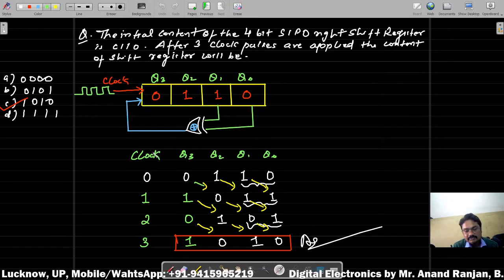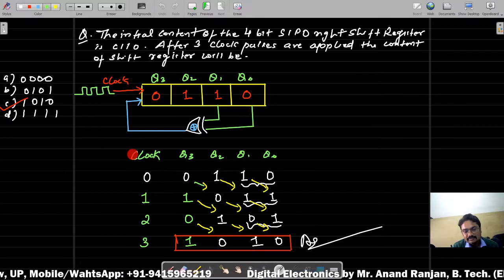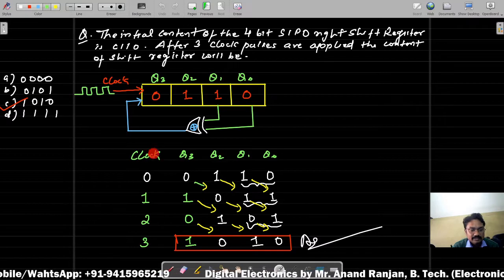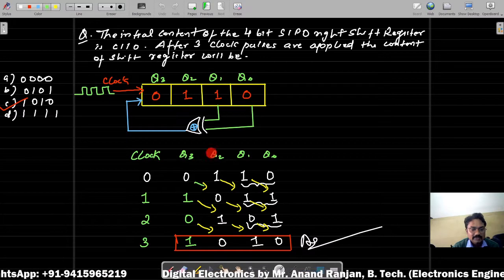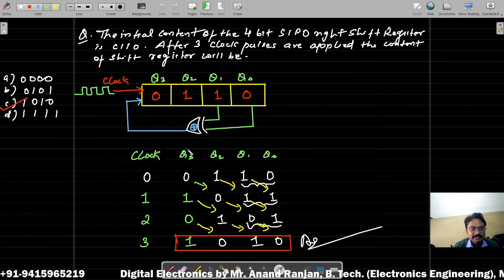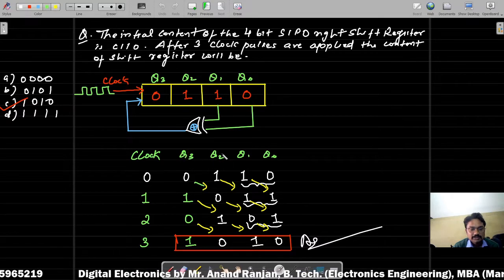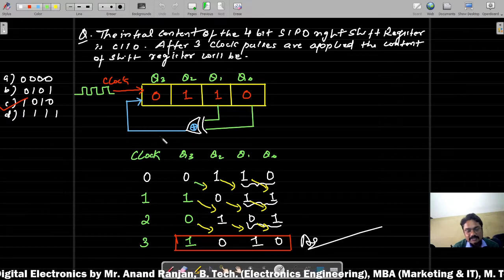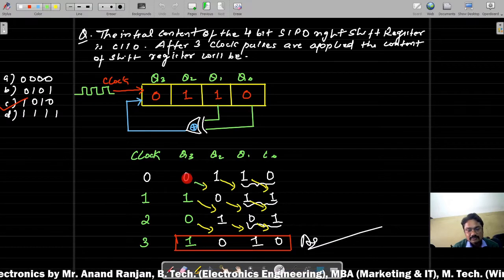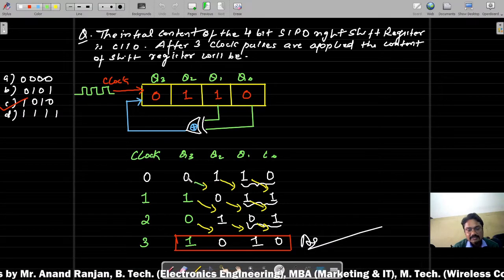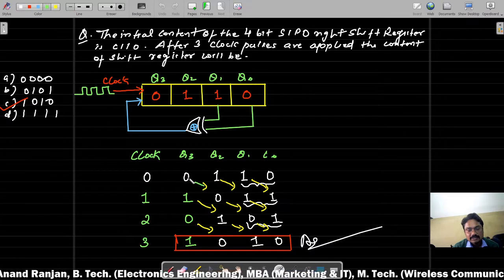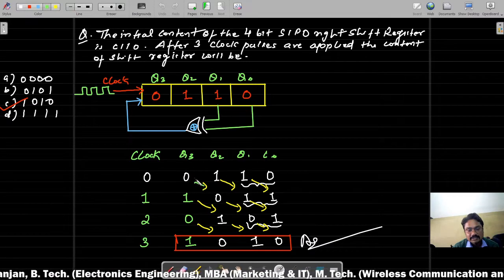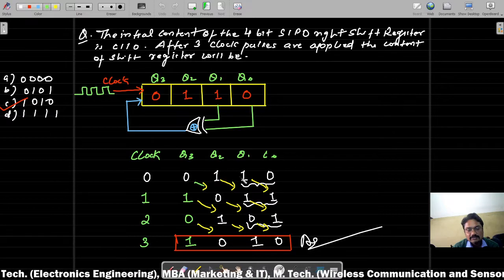Initially, we make one column for the clock and other columns for the outputs of the respective flip-flops, Q3, Q2, Q1, and Q0. In the absence of a clock, the data is already in the flip-flops, so we mention the uploaded information, which is 0, 1, 1, 0.